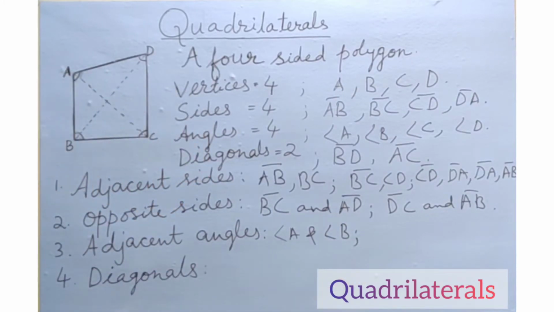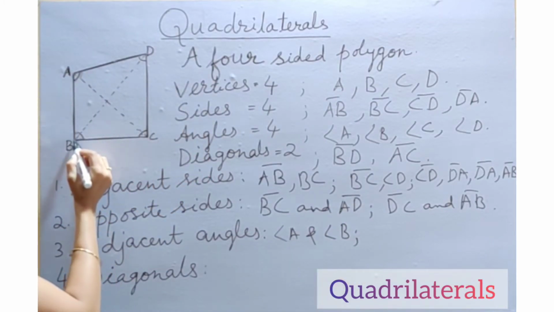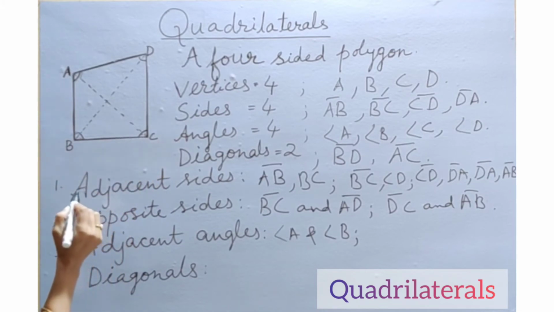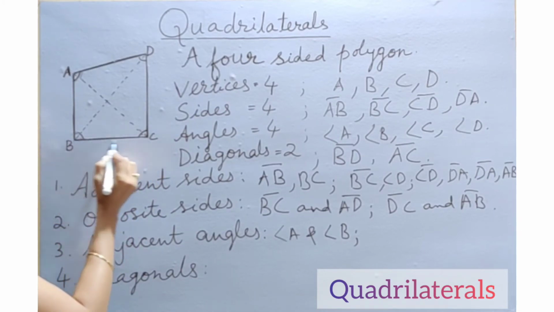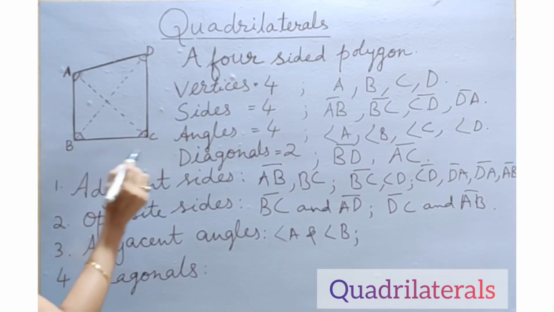Now let us see the second pair of adjacent angles, angle B and angle C. They are called adjacent angles because they have a common side between them, BC.